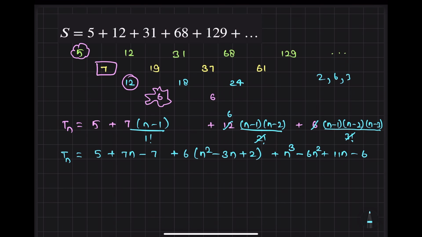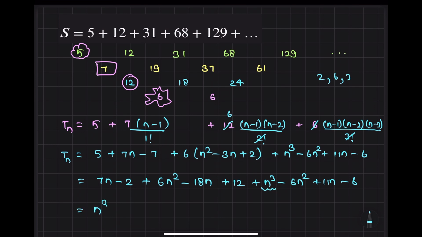Now you have to simplify things. So we got 7n minus 2 plus 6n square minus 18n plus 12, then n cube minus 6n square plus 11n minus 6. Now if you observe, the leading component is n cube, so we write n cube here.